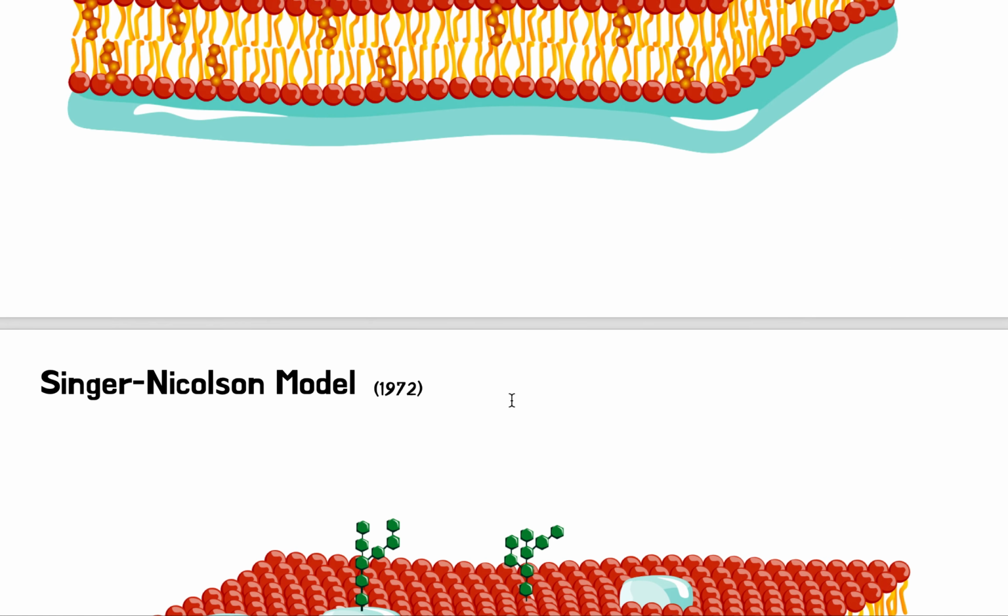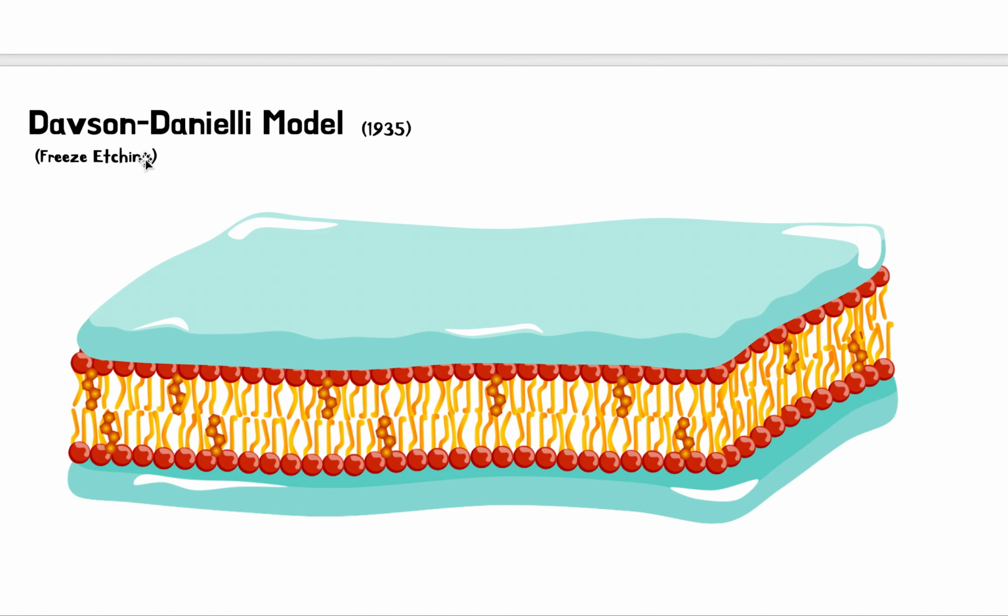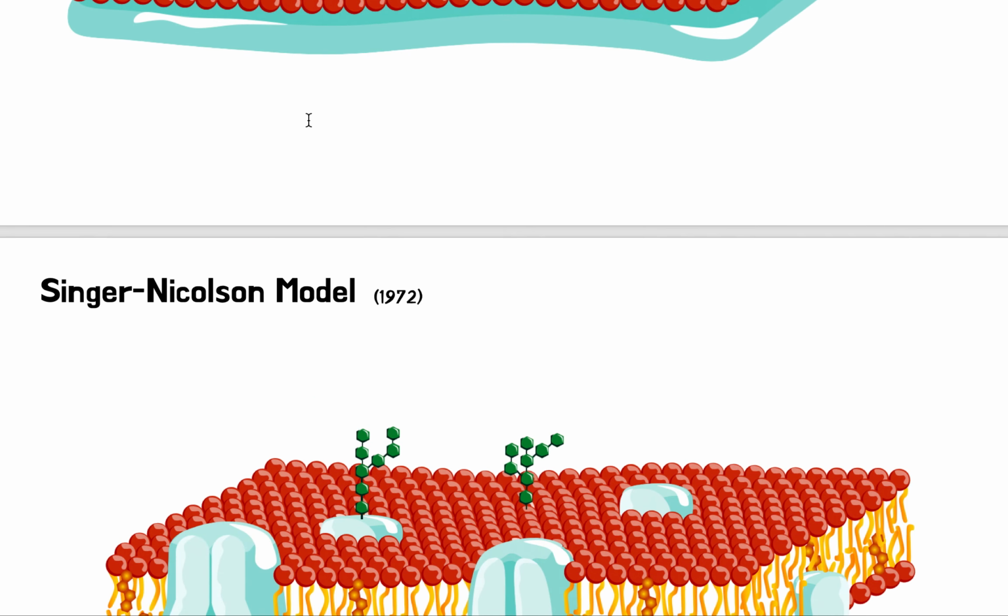And the method that proved that was called freeze etching. Basically, they sliced open the cell using a freezing machine, and being able to do that, they were able to look at the membrane and see that there were proteins inside. But don't worry, you don't need to know this method that much. Just know that this method proved that this model was wrong and proved this model right.